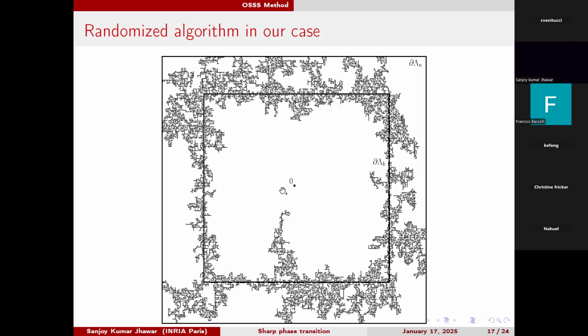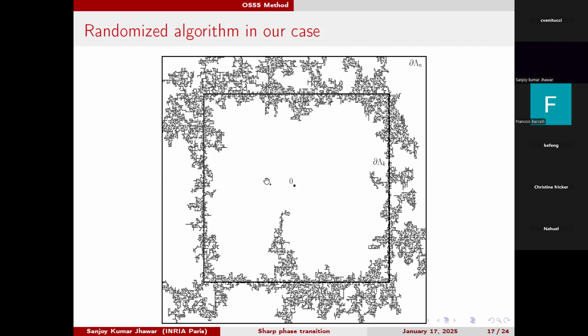And the sequence of algorithms: why are we looking at the sequence of algorithms? Because you can start with k equal to 1, and then say explore the connected component of the boundary of capital lambda 1, and then lambda 2, then lambda 3, until you reach lambda n, right?